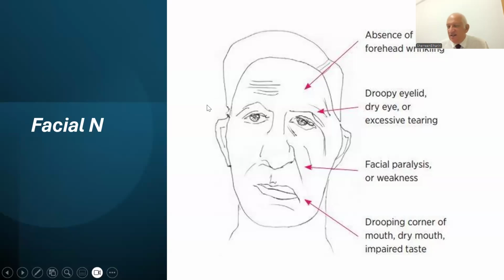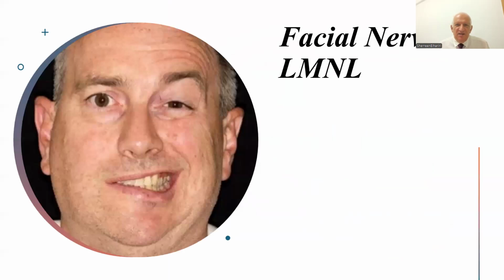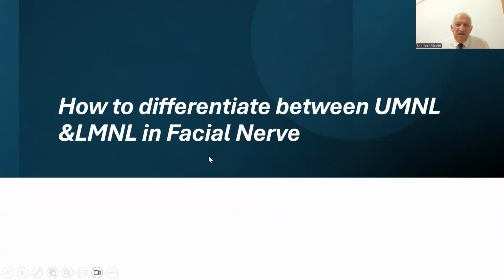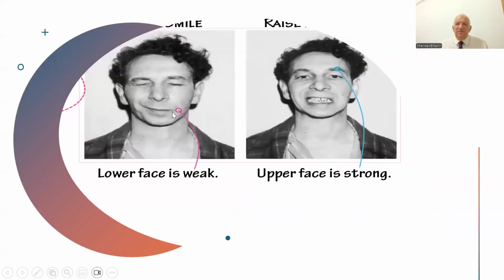The common cancer that can affect the facial nerve is adenoid cystic carcinoma of the parotid. Okay, so you can find facial palsy like this. To differentiate, if the patient is able to elevate his eyebrow and close his eye, it is upper motor neuron. If unable, it is lower motor neuron.